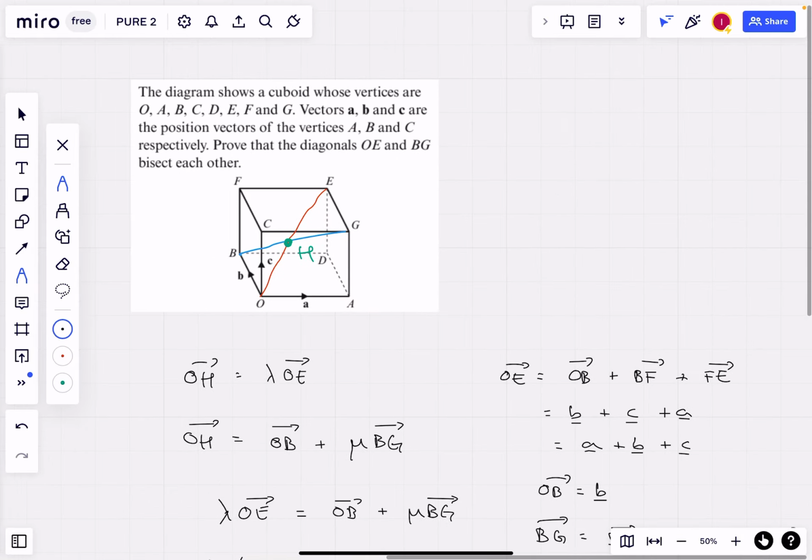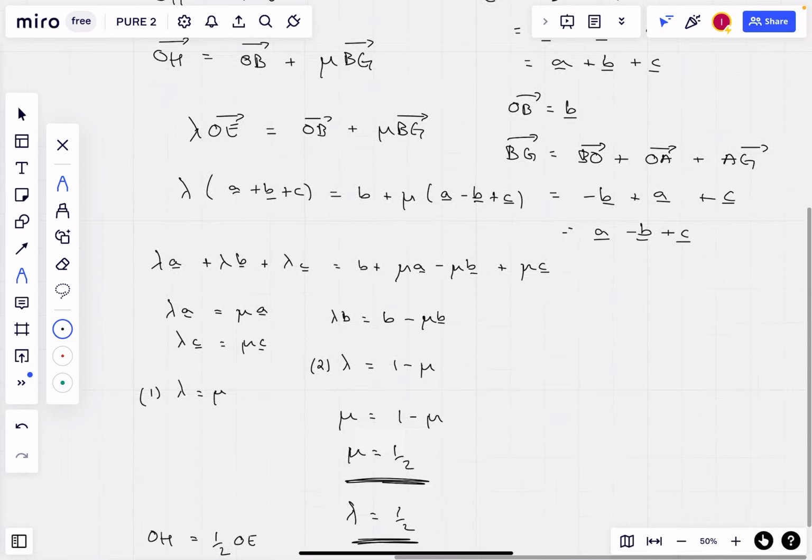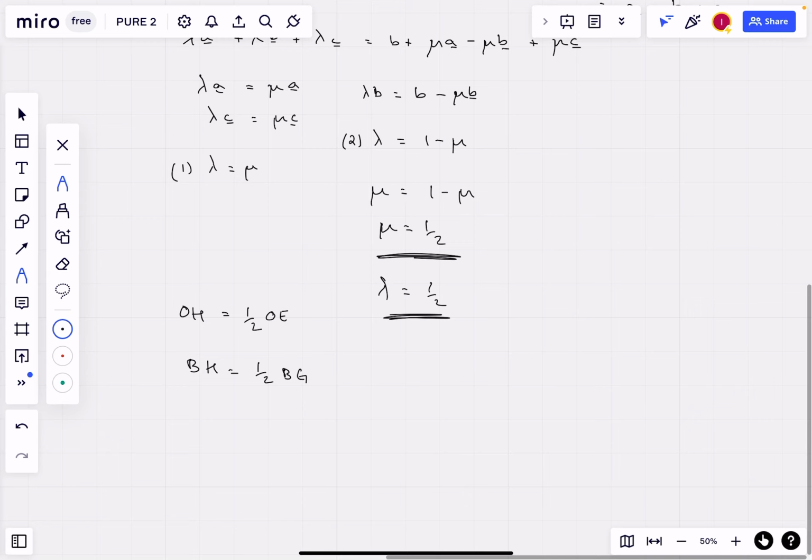They said, prove that the diagonals OE and BG bisect each other. If both of them, you have to go halfway along to get to H. And we've proved that OH and BH being along the same path and they reach the same point and you have to go halfway along. There you go. We've proved that they intersect each other.